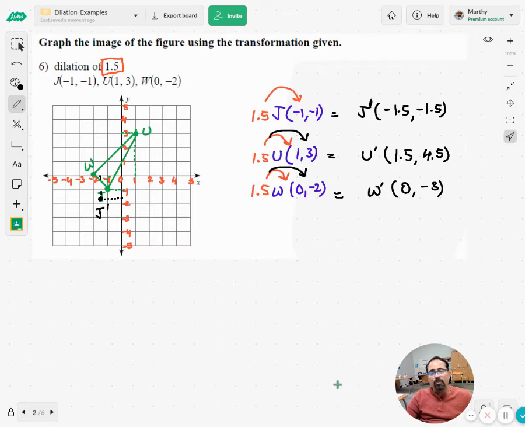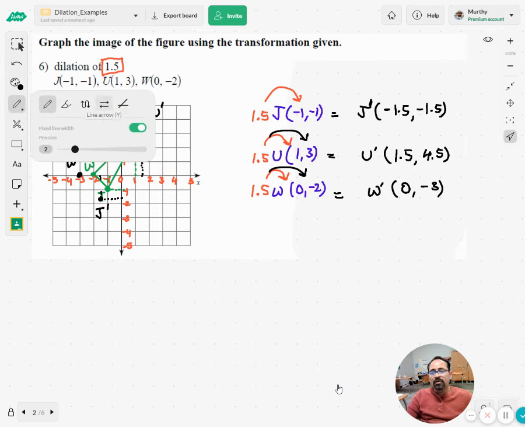Next, U prime is 1.5, so that falls somewhere between 1 and 2 on the x-axis, and the y value is 4.5, so between 4 and 5. These two are meeting at this point. So this is going to be U prime, and next W prime is 0 and -3. It's easy to identify here on the coordinate plane.